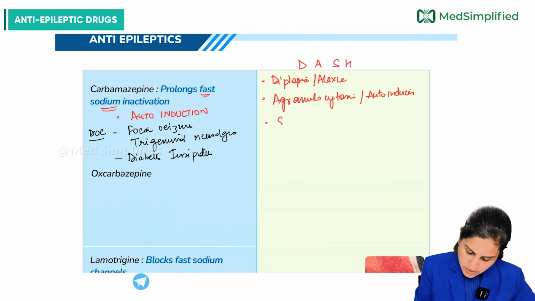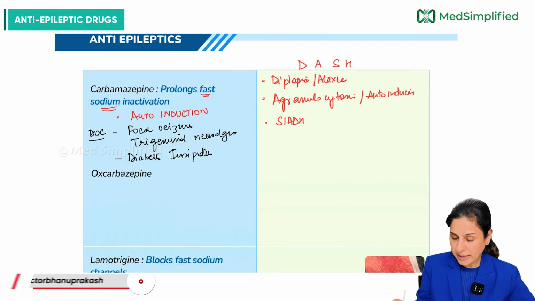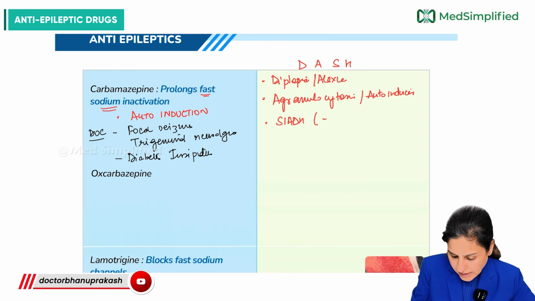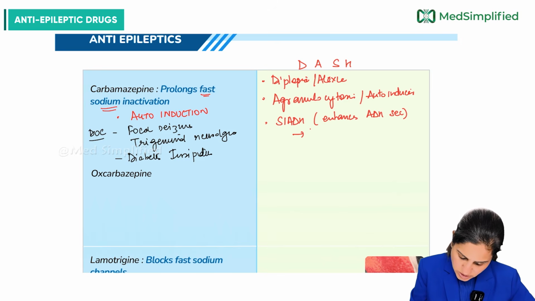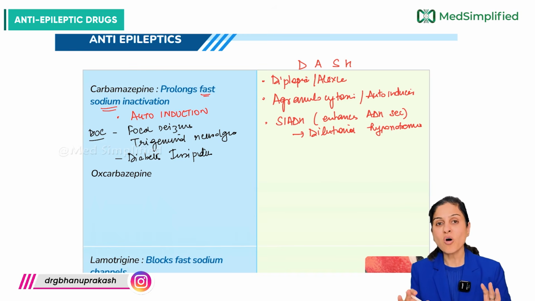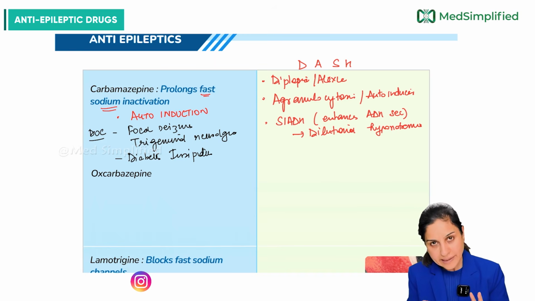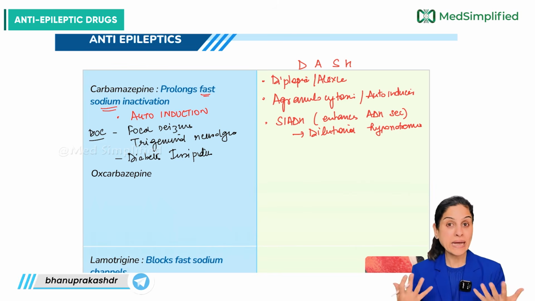S stands for SIADH, syndrome of inappropriate ADH secretion, because it enhances the ADH secretion or release. Because of this, it can land a patient in a condition called dilutional hyponatremia, and this is more common in elderly patients. So one has to be very careful while giving carbamazepine to an elderly patient.